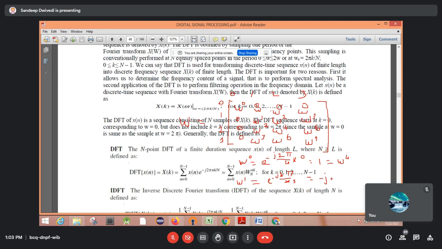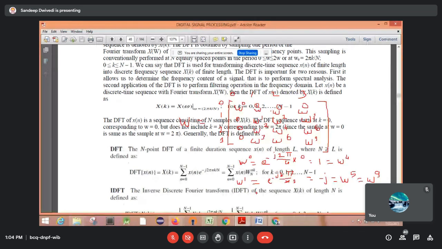Then this value w raised to power 1 will be the same as w raised to power 5, 1 plus 4, so this will be 5. Then it will be the same for w raised to power 9, 9 is also there. So 5 and 9, this value is the same. This is the cyclic property of the twiddle factor: however many points the DFT has, that value will repeat after that.